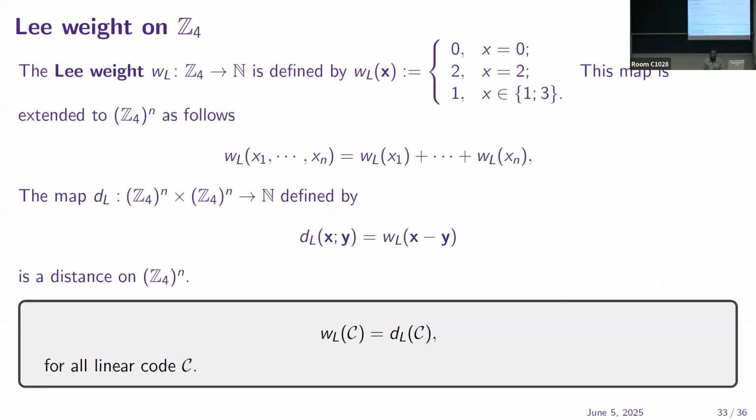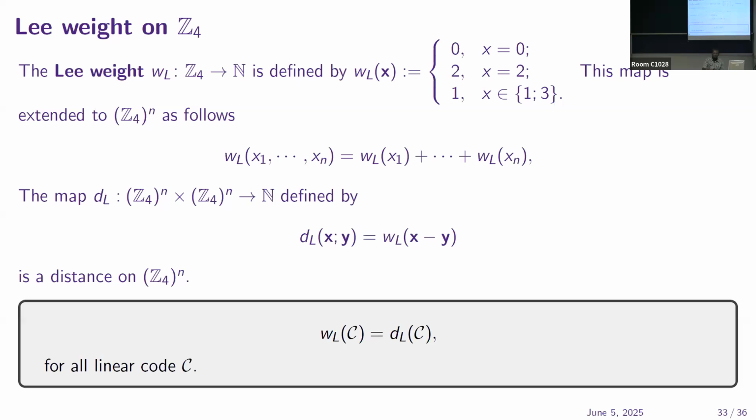The Lee weight over Z4 is defined by: if x equals 0, the Lee weight is 0. If x equals 2, the Lee weight is 2. If x equals 1 or 3, the Lee weight is 1. This Lee weight over Z4 can be extended to Z4 power n as follows.